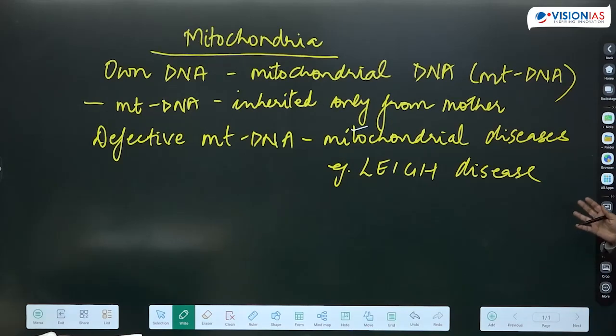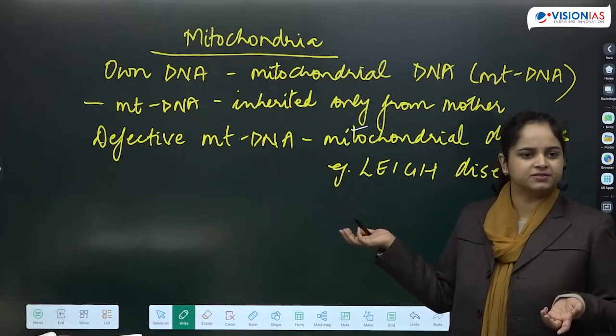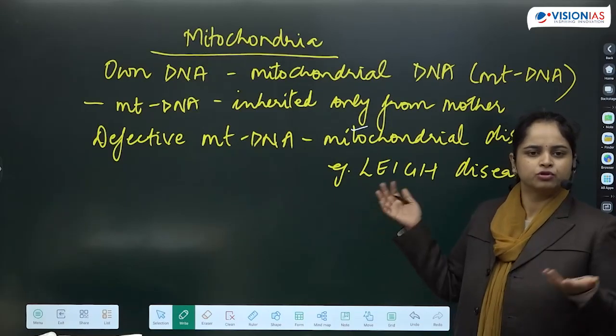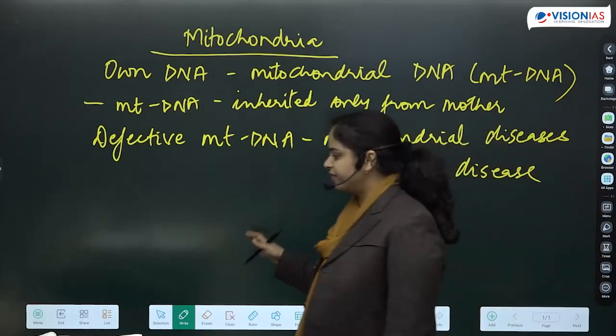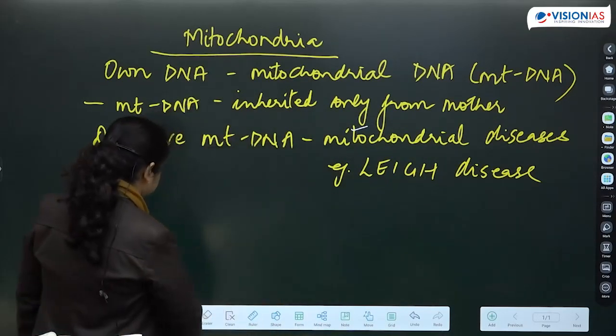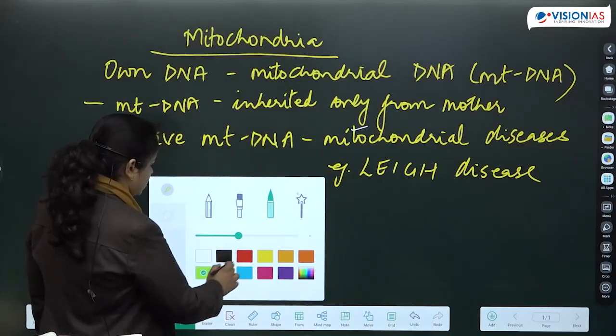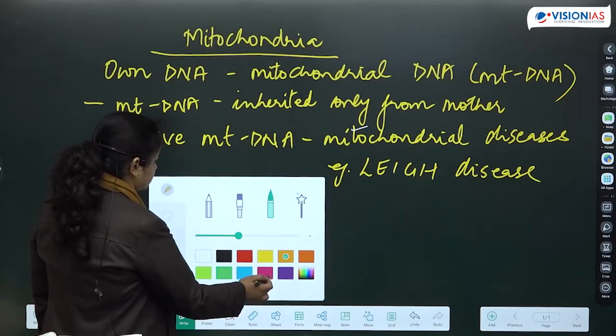But in this case, if inheritance is only from the mother, then it is going to be a sure shot transmission. कि mother से आना है और mother defective है तो transmit होगा ही होगा. So we have to find a way to avoid this, and that avoidance can happen through a mitochondrial replacement process.